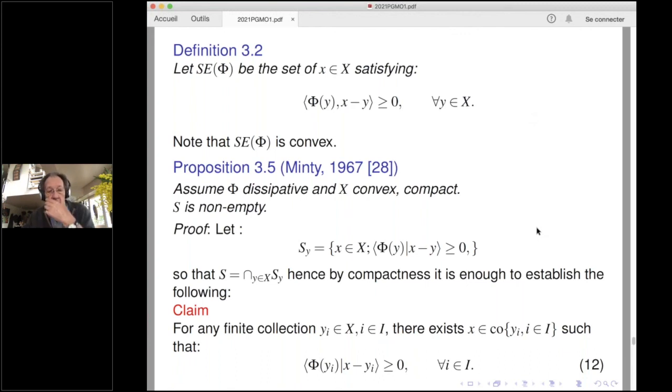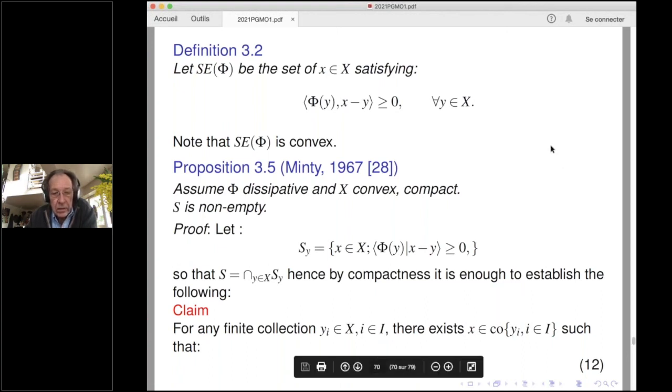Now this is a convex set. X is compact. This is closed. So any S_y will be compact. So to prove that the intersection is non-empty, it's enough to prove that for any finite collection, there exists x satisfying this.